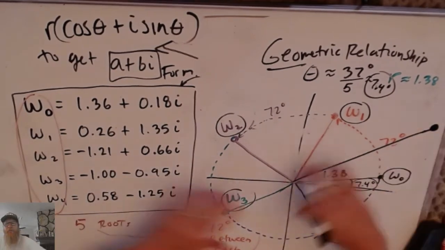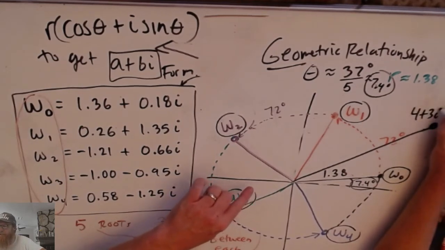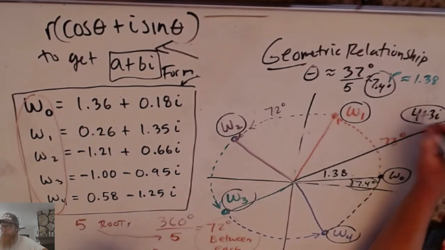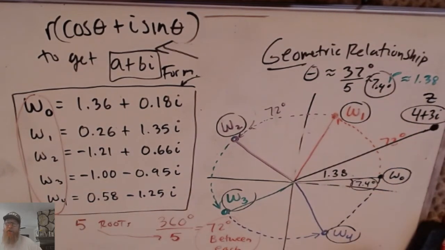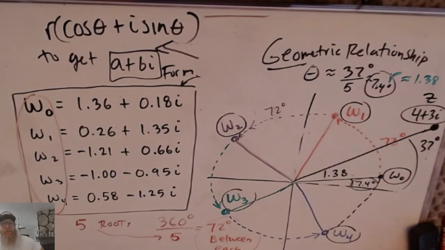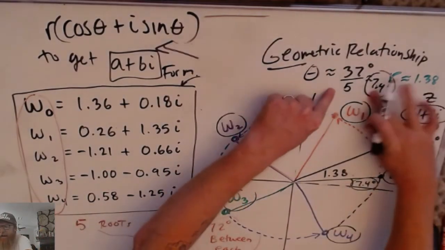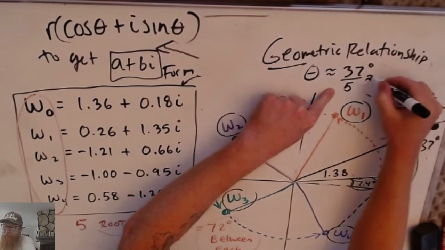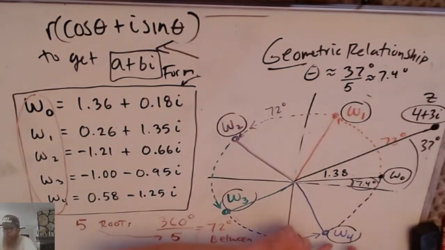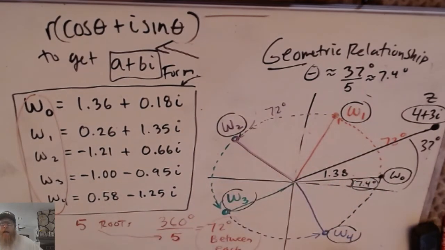I don't want to go too much further, I'll go off the screen. This was your 4 plus 3i. That was your original z value that we started with. That's the one that was 37 degrees. So the 37 degrees did affect the value, but I had to divide it by 5 to get the 7.4 degrees that the initial root lies above the polar axis.